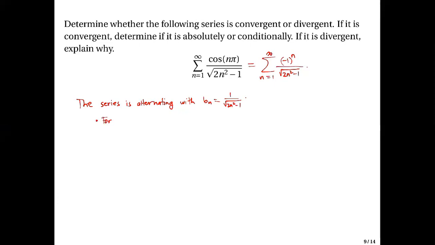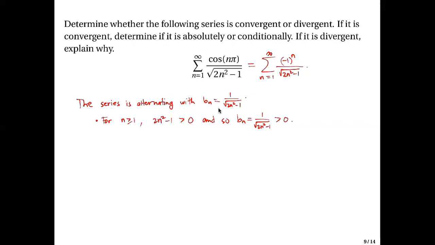For n greater than or equal to 1, 2n squared minus 1 is greater than 0. And so b_n equals 1 over square root of 2n squared minus 1 is also greater than 0.